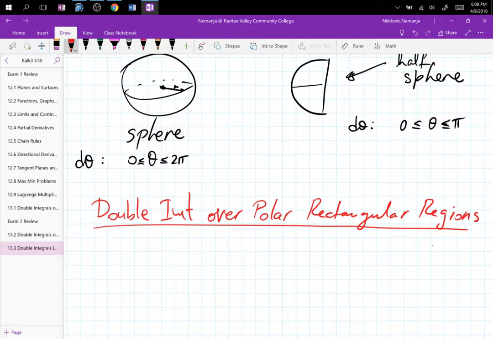You remember the difference between 13.1 and 13.2? Now it is the difference between the polar rectangular region and the polar general region.